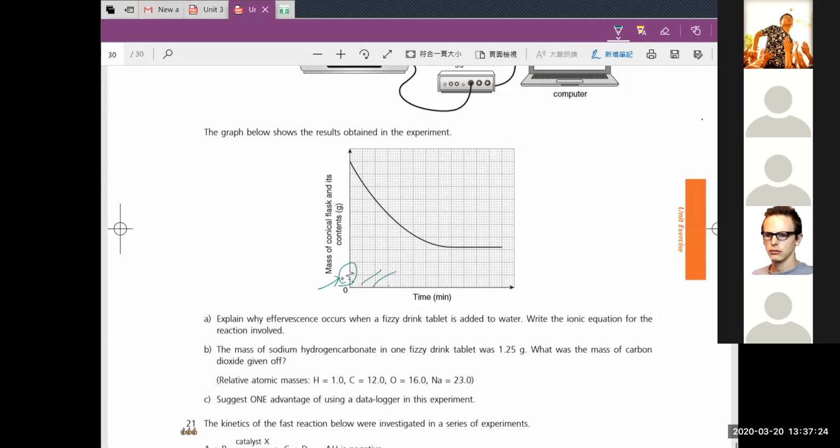Well, you know that in that area, we do not have any data. But for the mass of the conical flask and the reaction content, right? So you may have a very slight change in mass in a certain range of data. So I want to magnify this part only.